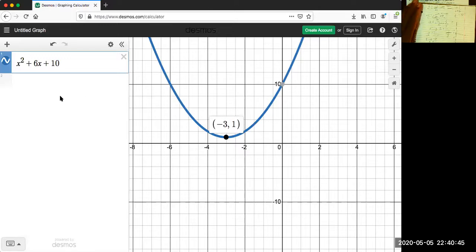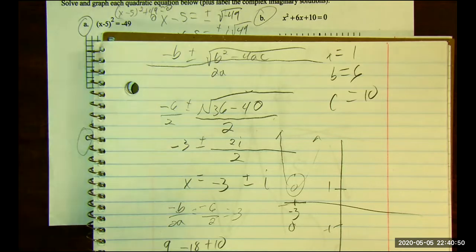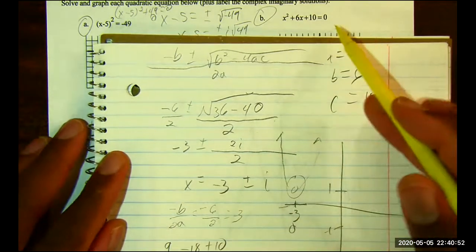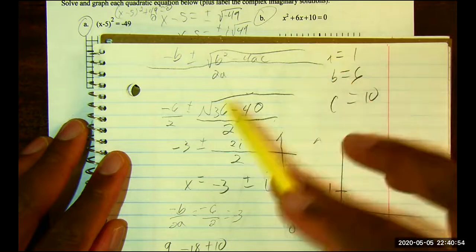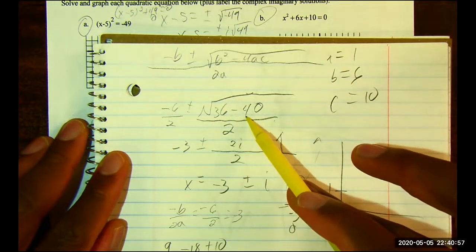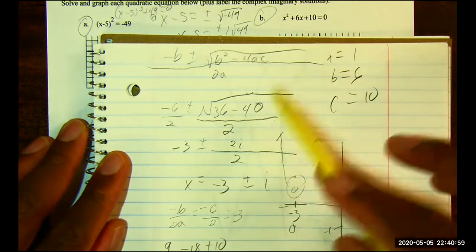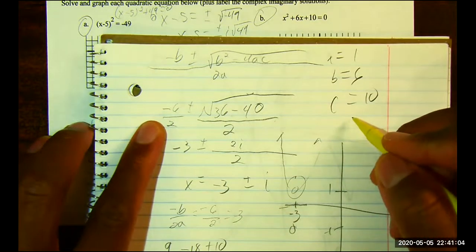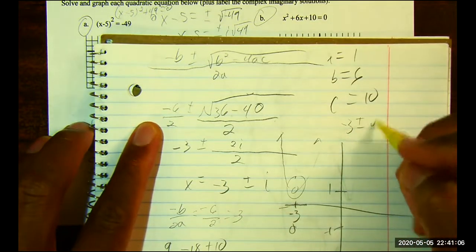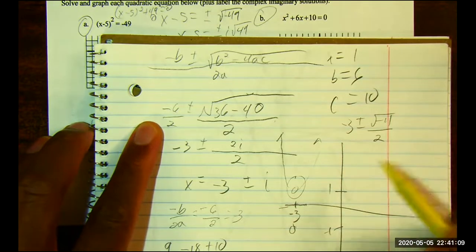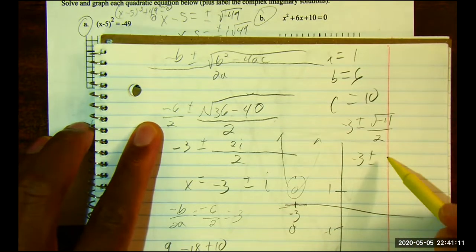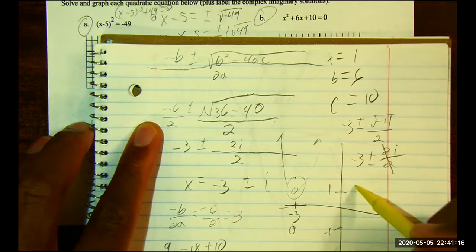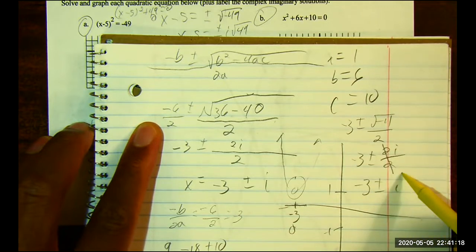I didn't do the vertex one. Let me triple check. B squared, 36 minus 4 times 1 times 10 is 40. That's -4. -3 plus or minus the square root of -4 over 2. -3 plus or minus 2i over 2. -3 plus or minus i.